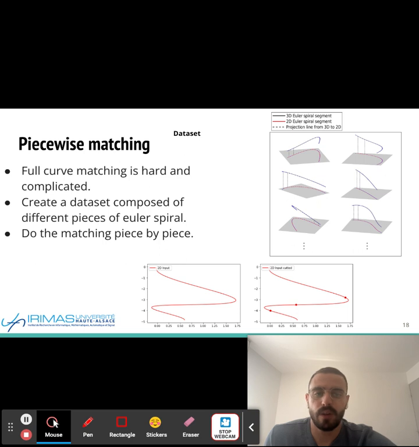So instead of the full matching, we divided the curve into pieces and applied the matching piece by piece, as you can see here. At some point, we can say that our approach is similar to a curve signature, where its signature is based on the point coordinates.